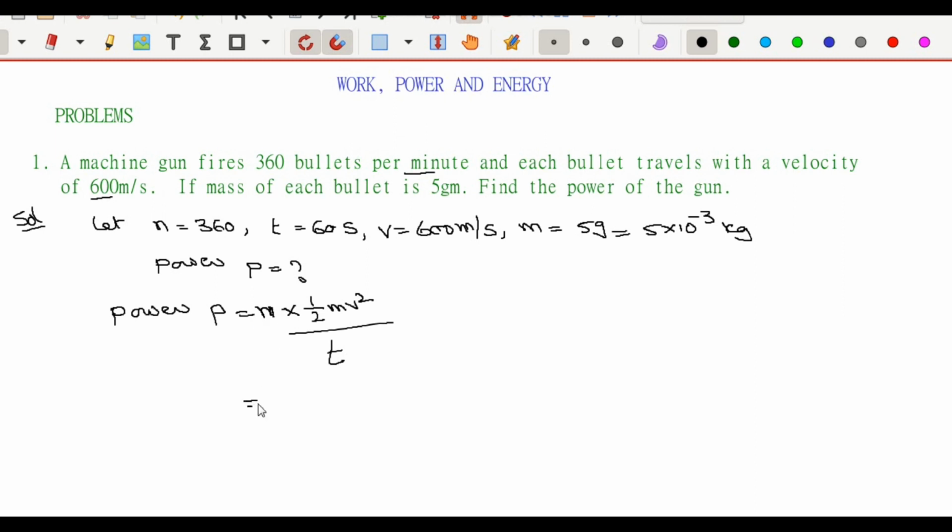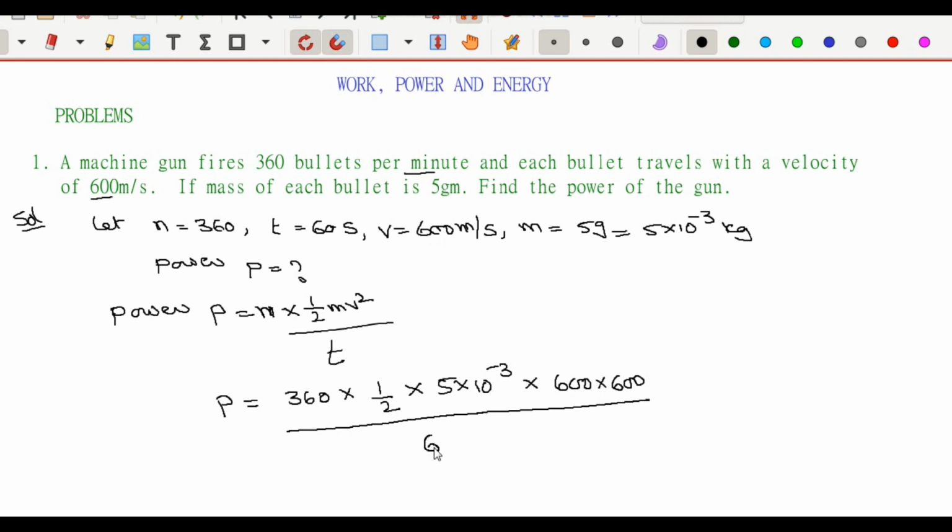Now substitute the data here. P is equal to 360 into half into 5 into 10 power minus 3 into velocity square, 600 into 600, whole divided by 60.